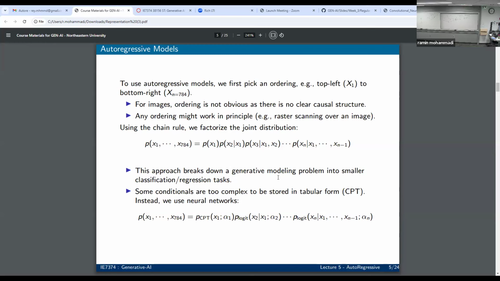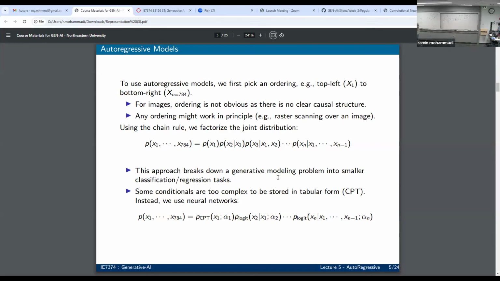Using the chain rule, we write the joint distribution for these 784 pixels as the probability of the first one, the second one given the first one, and so on, right? So that's the chain rule that we have for the joint distribution. Now, the idea here is that we can learn this via a certain type of model.